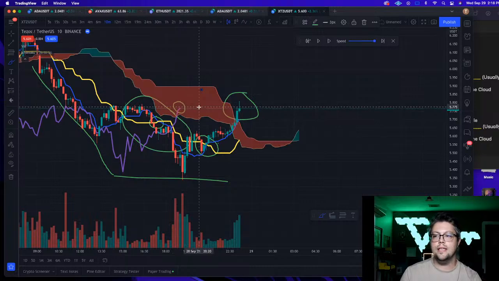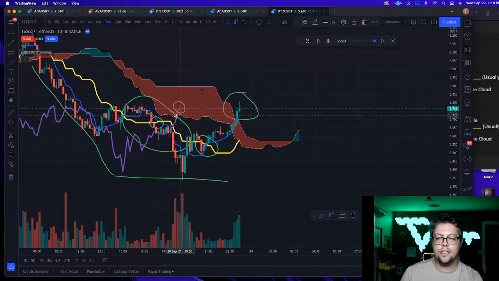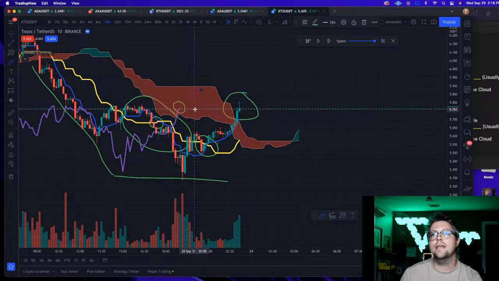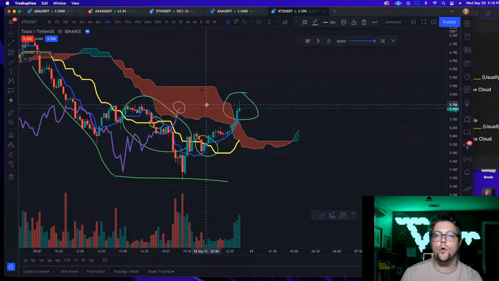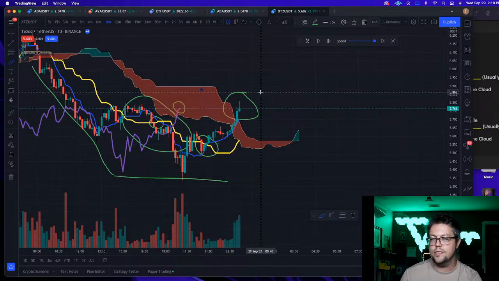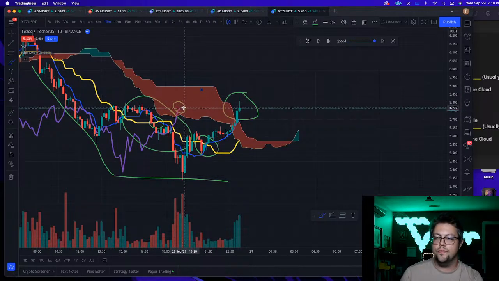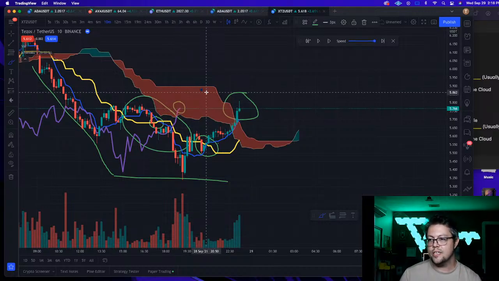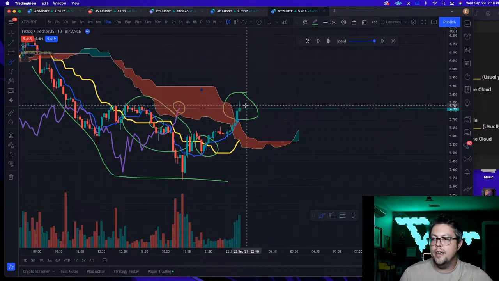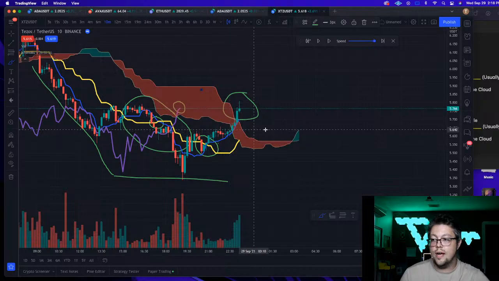As the lag gets inside the cloud, it's like the golden pockets that act as resistance and support. It seemed almost like a chaotic area, where once it got in here, it would chill sideways for a second, and then start popping up, just like price action. So this is where I'm definitely watching.